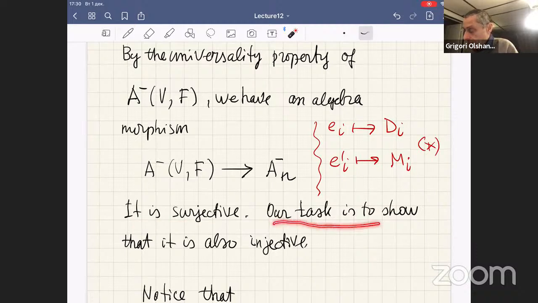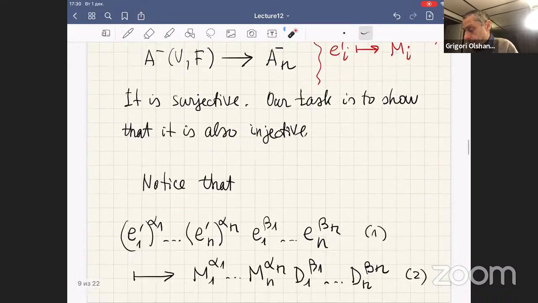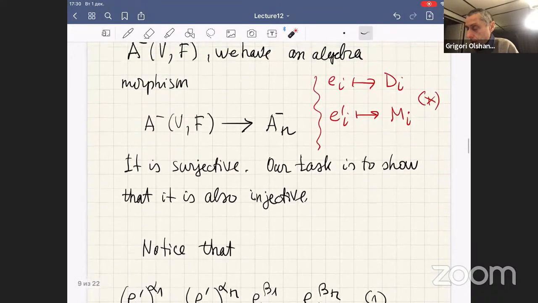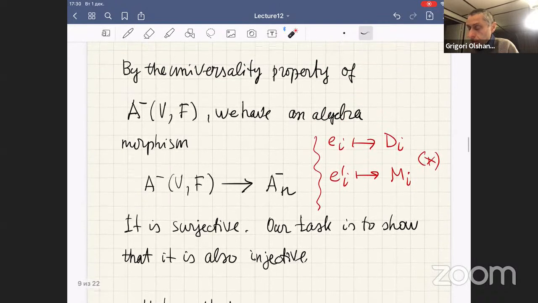And our task is to show that there is no kernel here, so it's an isomorphism. And how to do this? Actually, we need to show that these objects informally are of the same size, and so this morphism must be an isomorphism.